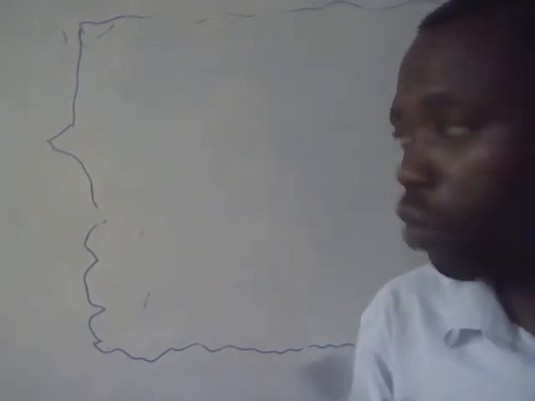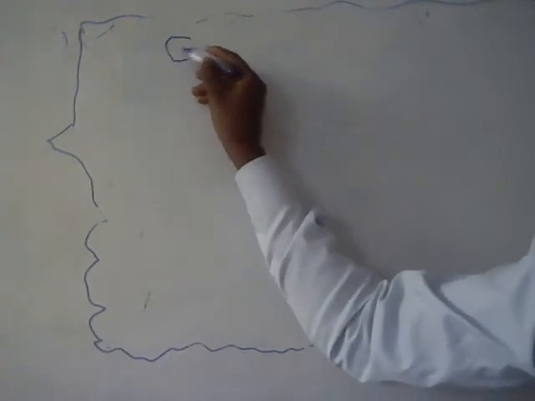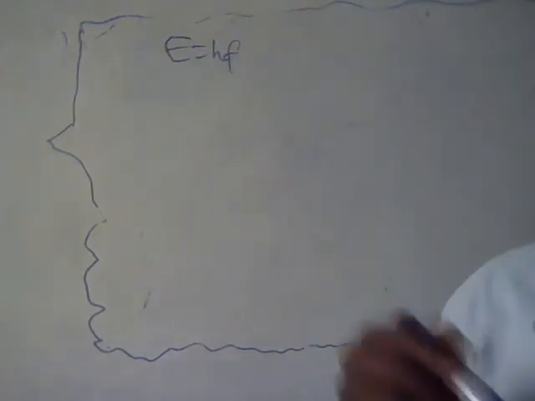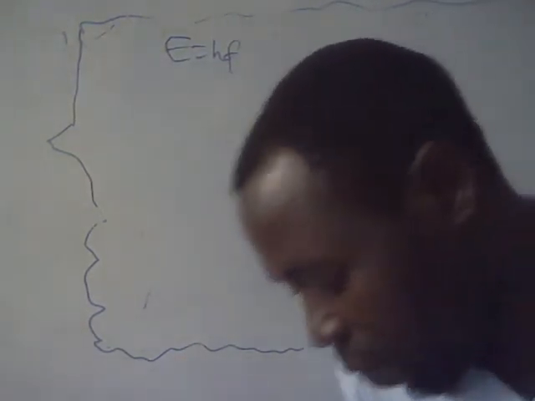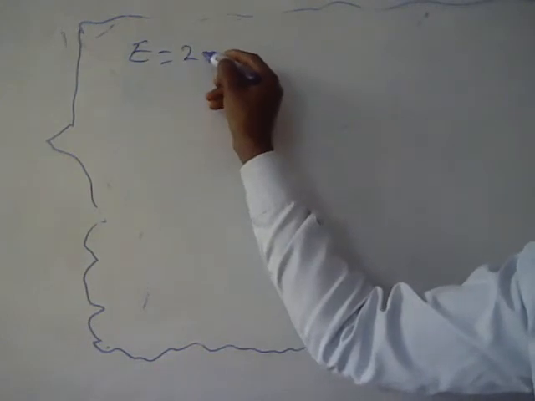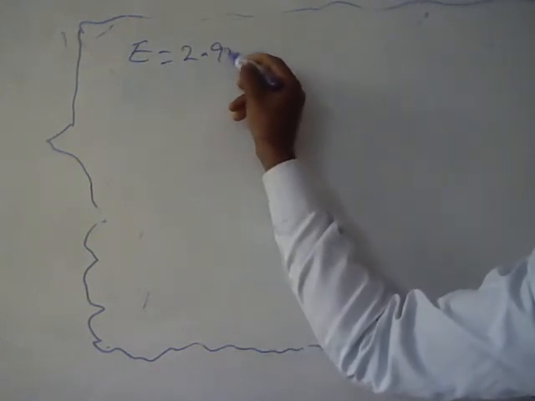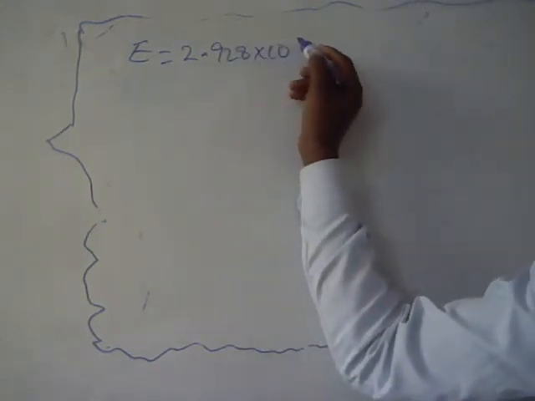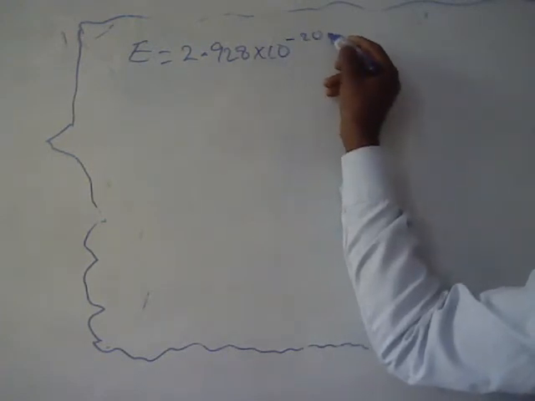The formula is E equals hf. Let's list out the parameters first. The energy is 2.928 times 10 raised to the power of -20 joules.